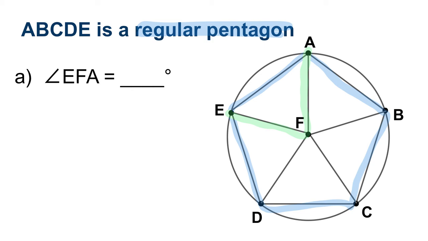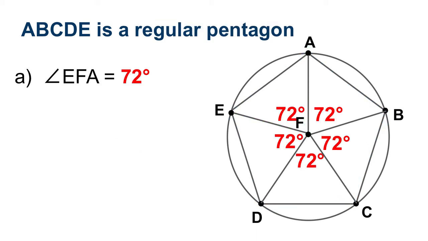And we know that for central angles, we're going to do 360. And then for this one, we'll divide by 5 since we've got a pentagon. So we're going to get 72 degrees for that. So not only is angle EFA 72 degrees, but really all of the central angles there are all 72 as well.